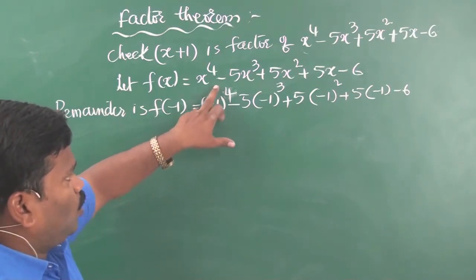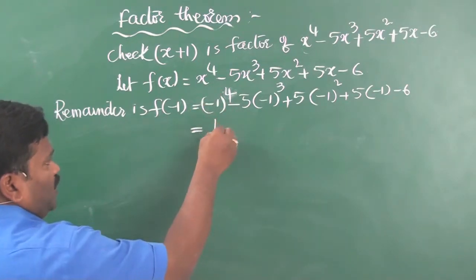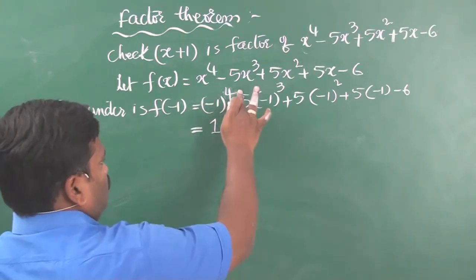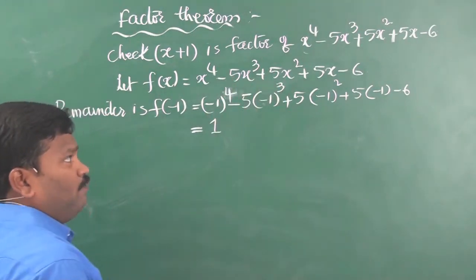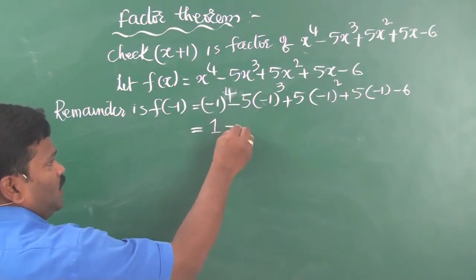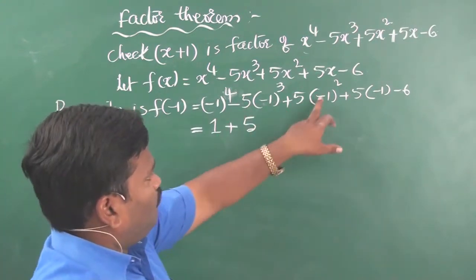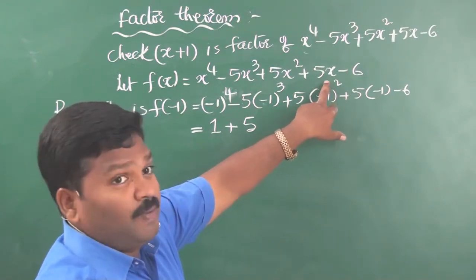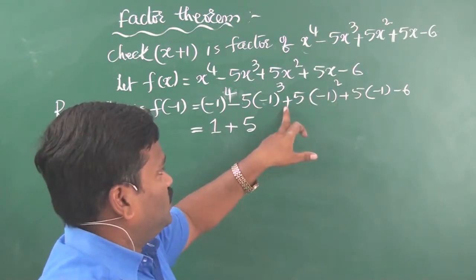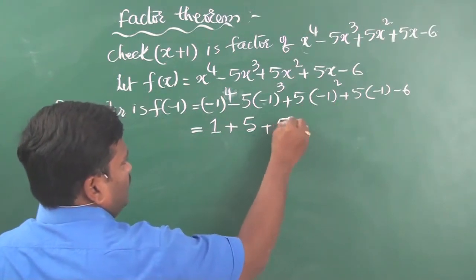Minus 1 whole power 4: the power is even, so it is plus 1. Minus 1 whole cube: the power is odd, minus into minus is plus, 5 ones are 5. Minus 1 whole square becomes plus, 5 ones are 5.